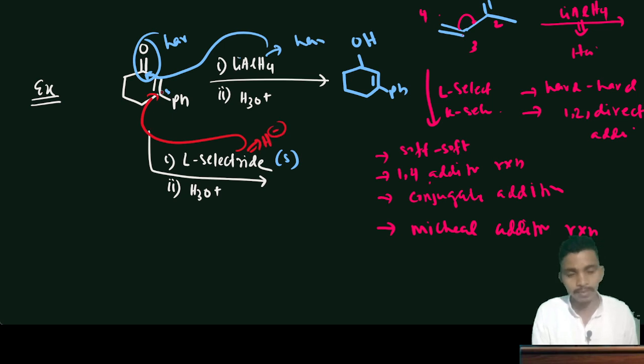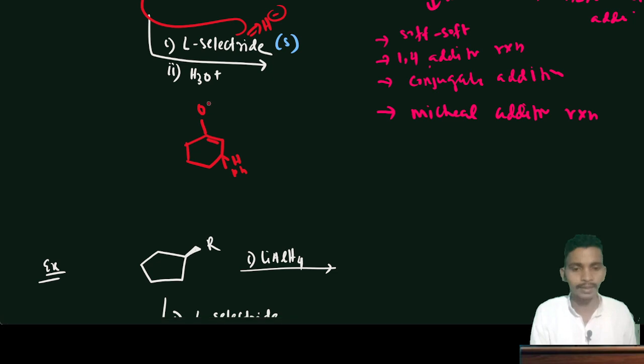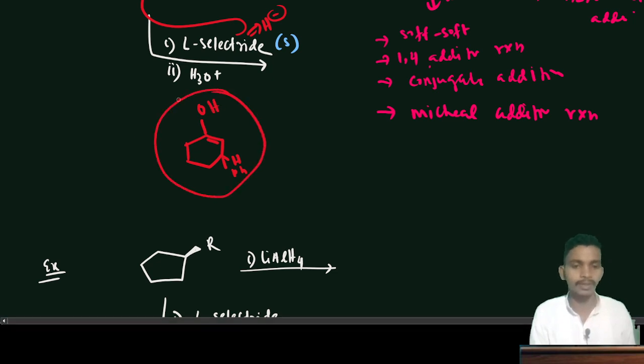Okay, so this H minus will attack here, it means that here H will come, and Ph is already there, and this double bond shifted to here, and here it becomes O minus. Okay, now we are doing hydrolysis, in that case here we will get the OH bond. So this is the final answer for these questions.